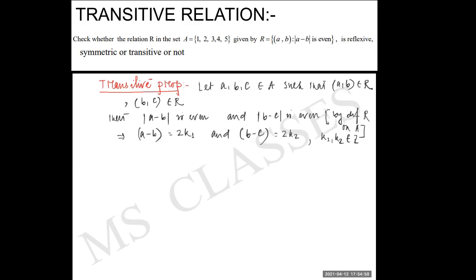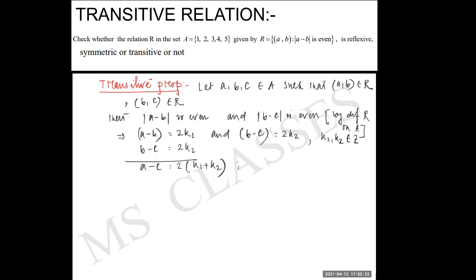Now children, when we have the transitive property, what do we do? We have (A, B), (B, C), then we find (A, C). So you add these two. Now if you add these two, what do you get? A minus C equal to 2 times (K1 plus K2).